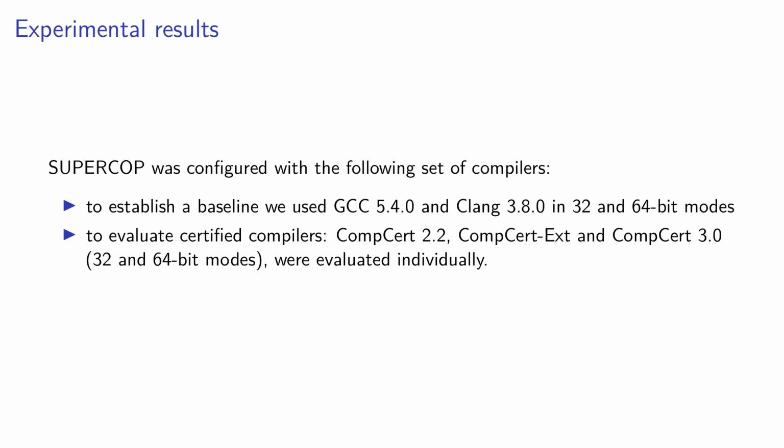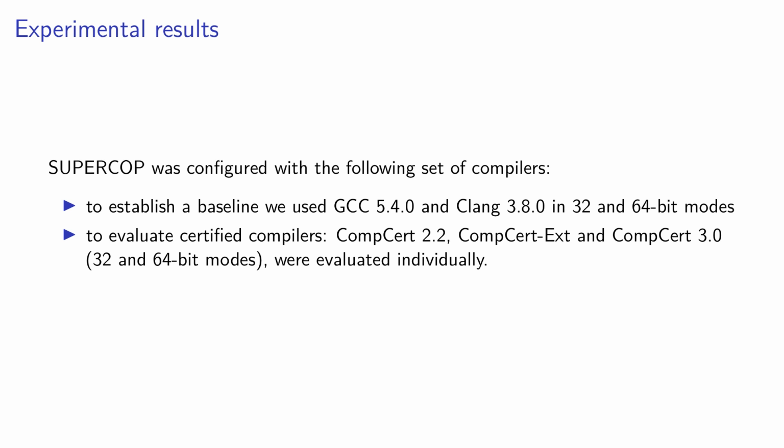So we configured SuperCop with different sets of compilers across different runs. First, to establish a baseline, we configured SuperCop with GCC compiler version 5.4 and also Clang compiler version 3.8, both in 32 and 64-bit modes.